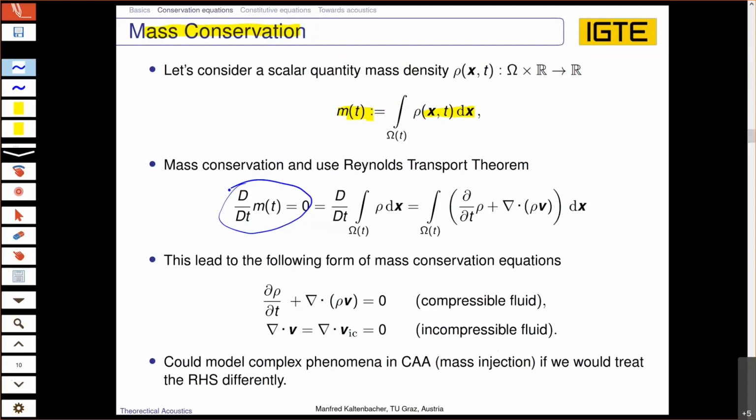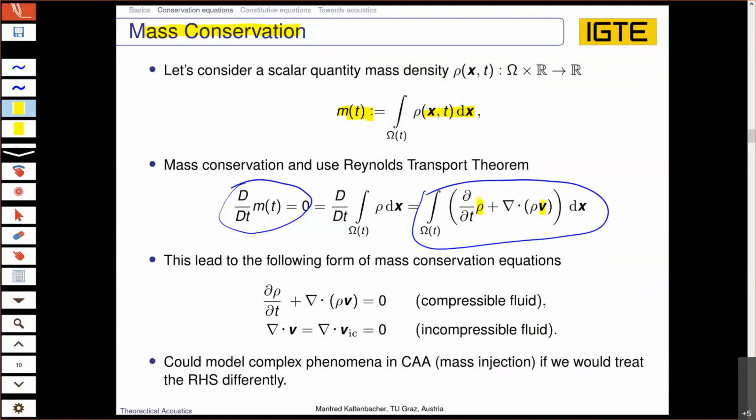Okay, so when we apply Reynolds transport theorem now, we see that we get this relation here, already very important, for our flow velocity v and for our density rho.